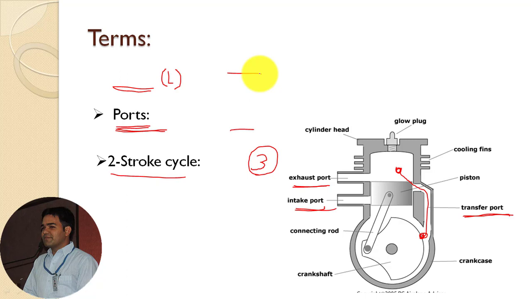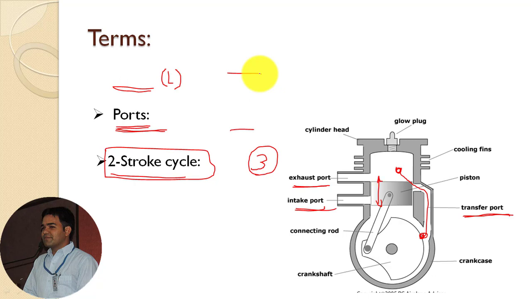Now in the case of a two-stroke petrol engine, all four processes which are part of the power generation cycle, suction, compression, expansion and exhaust, are completed in two strokes only. That means to complete these four processes, the piston has to travel only 2 times inside the cylinder between the top dead center and the bottom dead center.